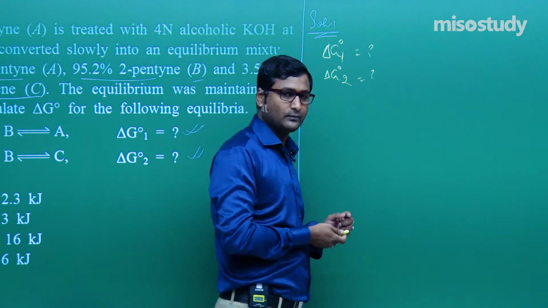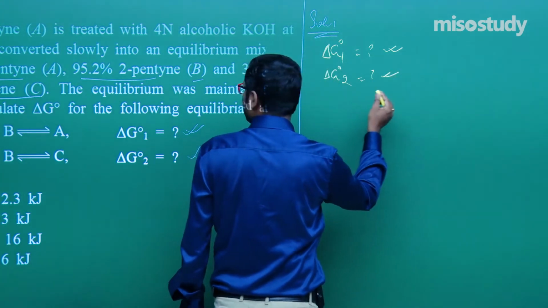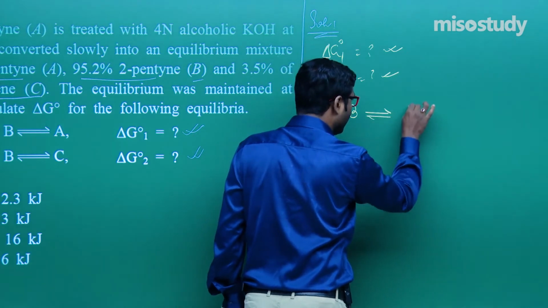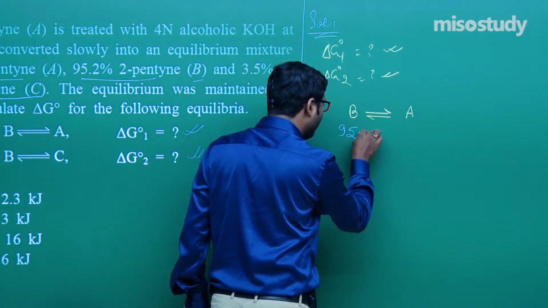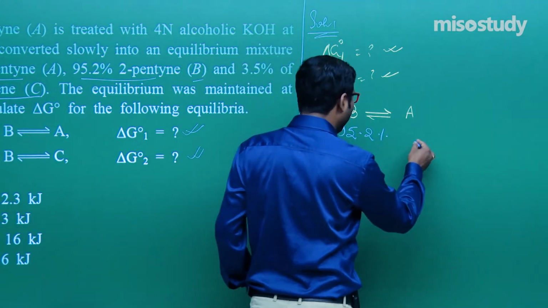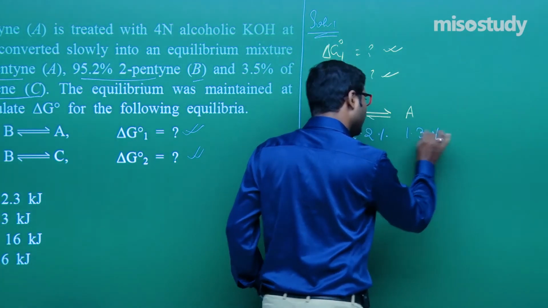Look carefully. As we know, there is a conversion from B to A, and B is 95.2% according to the question, and A is 1.3%. Clear to you?